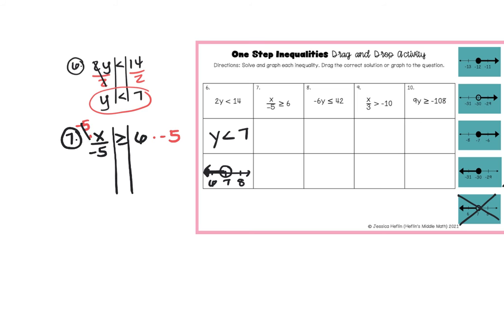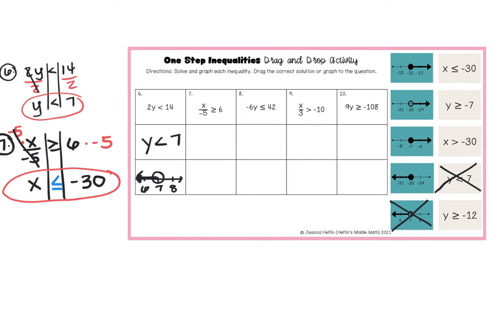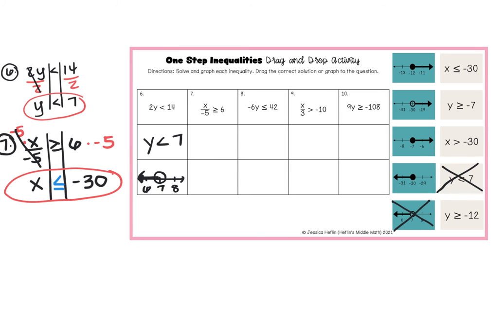This is when you flip that symbol. So this symbol is now going to flip because when I solved this inequality, I had to solve it by multiplying by a negative number. And that rule is saying that when you do that, this is what's going to happen. The symbol will flip. So that's the only big difference between solving equations and inequalities.